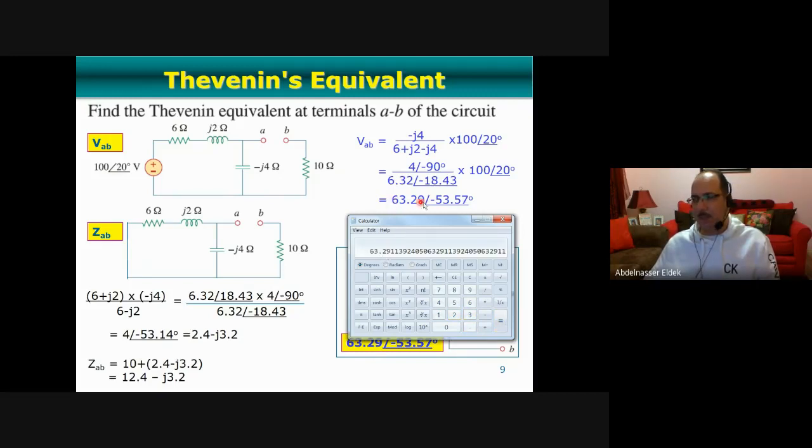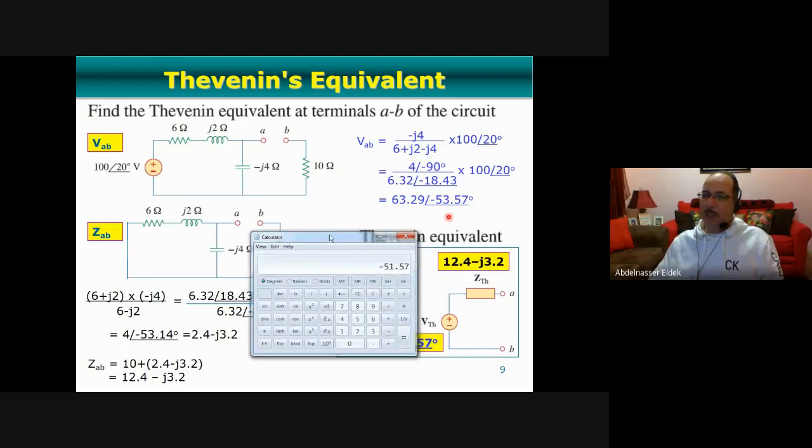So this is the amplitude. The phase is negative 90 plus 18.43, because you are dividing by the angle negative 18.43, minus minus will be plus, which equals negative 71.57. So this will be the voltage V7.